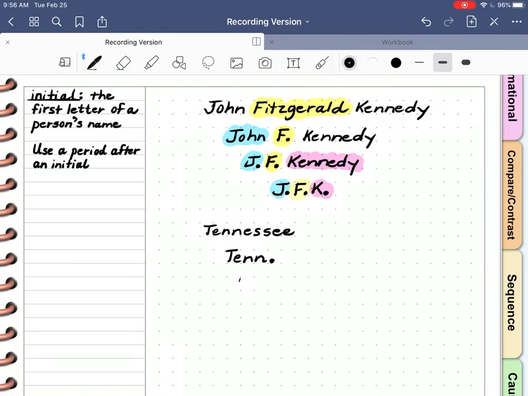And then while I was still in school, we shortened it to this. So we were getting closer to an initial. And now the postal code wants us to use 2 capital letters. They really want us to use an acronym for Tennessee. So this rule has evolved over time.